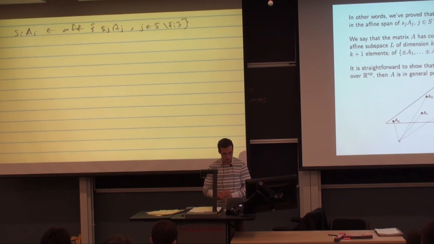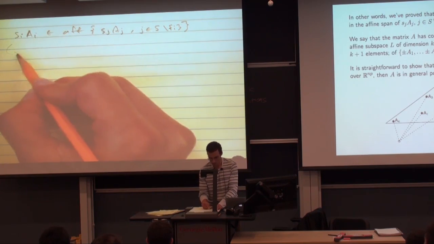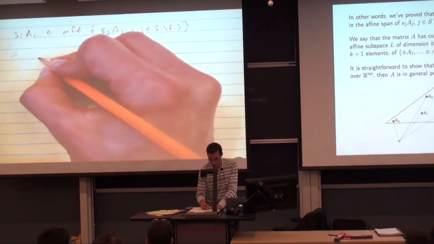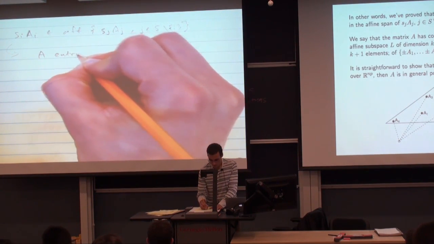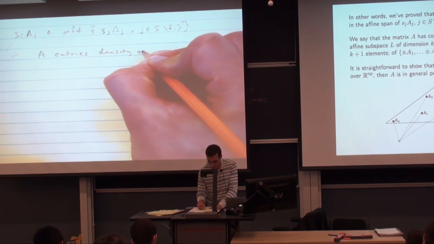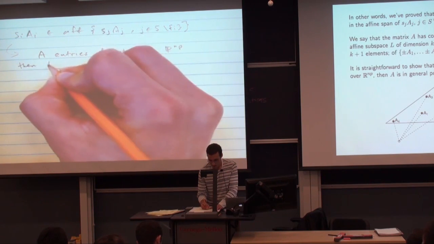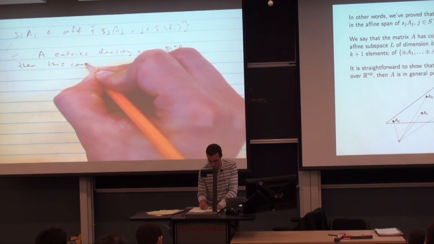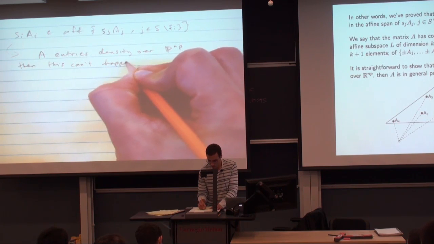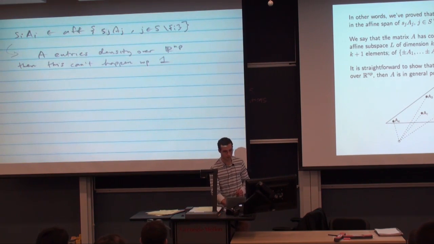I'm not going to show this because we're really running out of time, but a very simple probability argument tells you that if A has entries that have a density over R^p, then this can't happen with probability 1. You can just look at the picture to think about it.